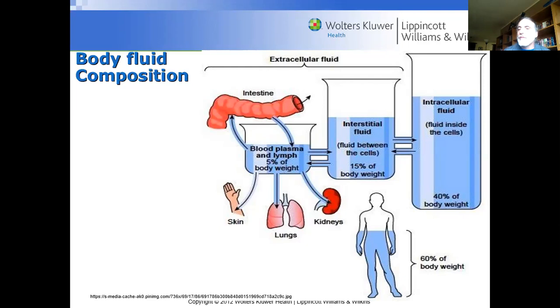Where do we lose this fluid from? Okay, where would we lose it? Through the skin, through sweating. Recall that sweat is one of the ways in which you regulate body temperature, again with homeostasis.